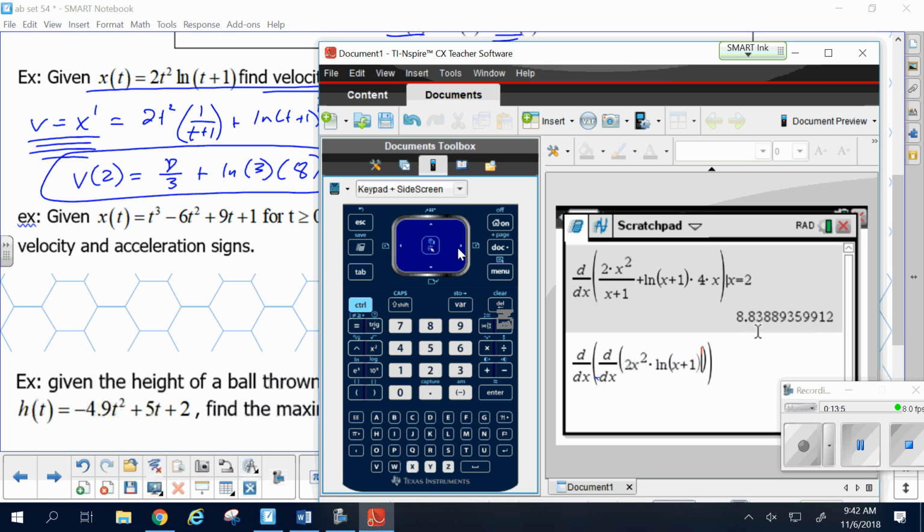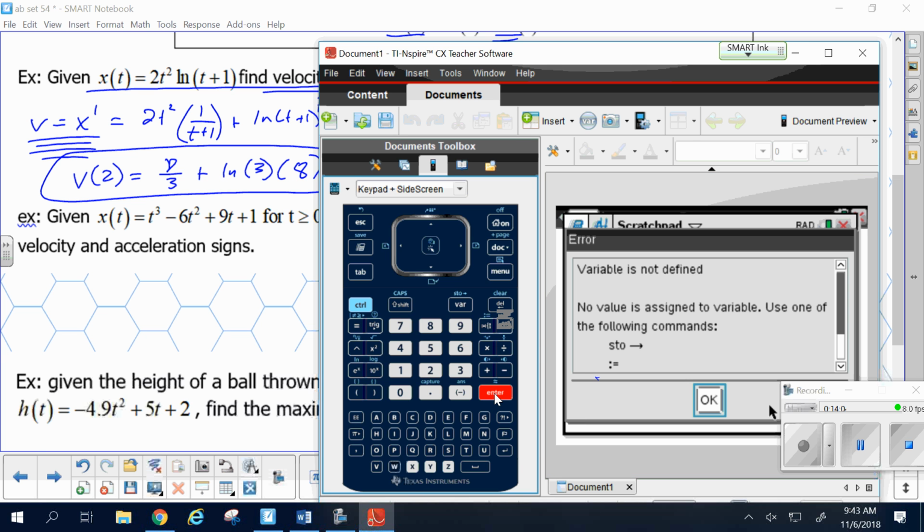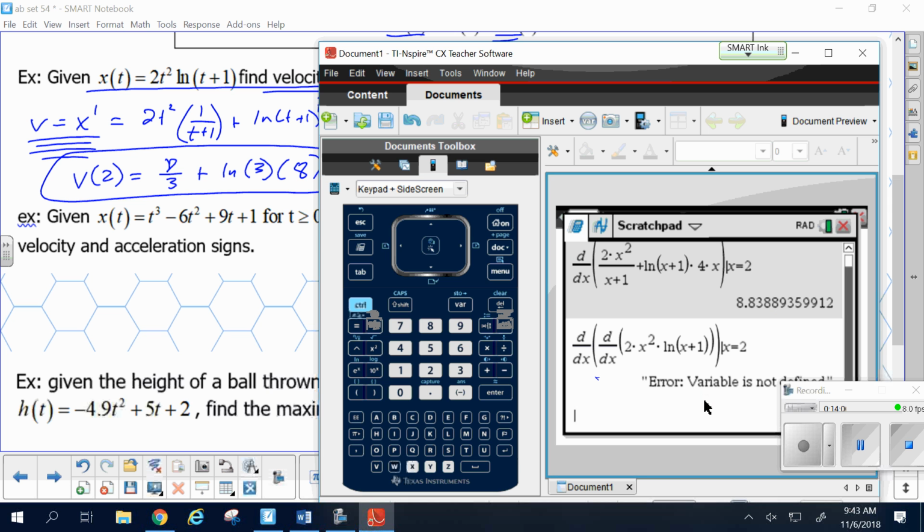Evaluation bar. Boom. At x equal 2. I hope this works. Oh, no me gusta. What happened? Why didn't that work?